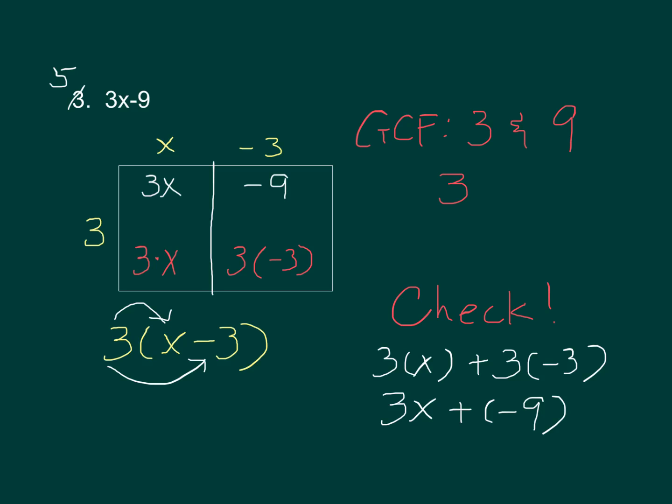That doesn't look quite like the original expression because we still need to simplify it. Plus negative 9 is the same as minus 9. So this is 3x minus 9, which is exactly the same as the original expression. So this is your answer. Everything checks out.